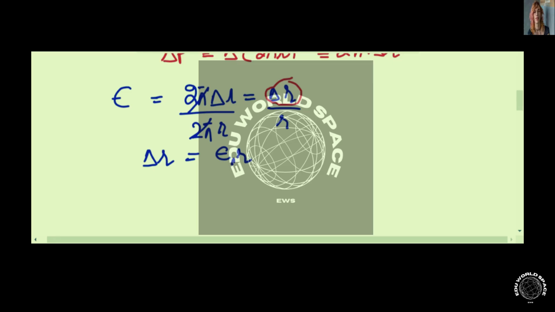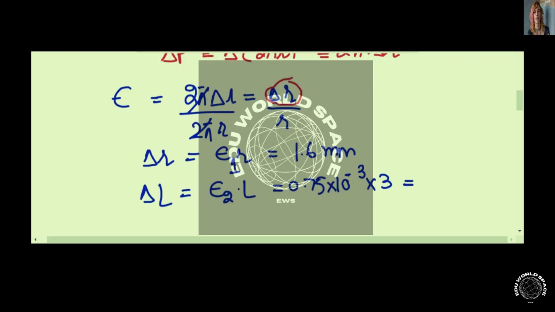Just plug in the values, we get 1.6 millimeter. Now we need to find the change in the length, so that would be epsilon sub 2 times length. When you calculate it, you'll get 2.25 millimeter.